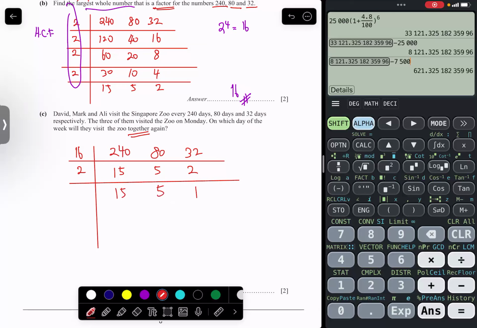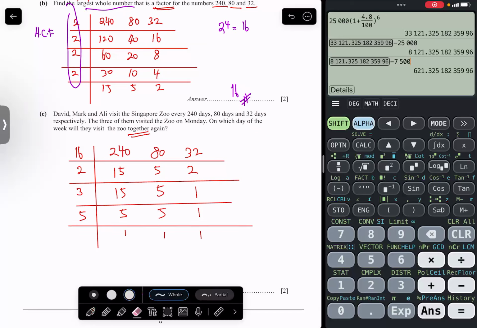So we have 15, 5, and 1. Then we divide by 3 so that we get 5, 5, and 1. Finally we divide by 5, and then we get 1, 1, 1. That is the eventual state that I want: if the numbers can divide, we divide, but eventually we want to get 1, 1, 1.